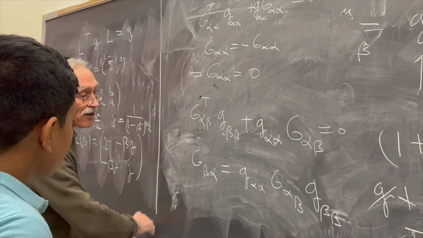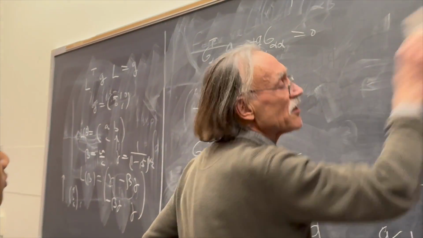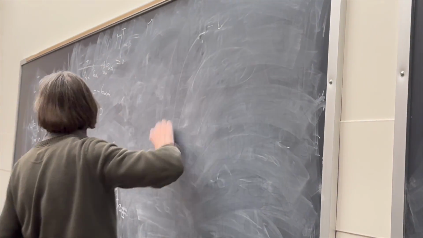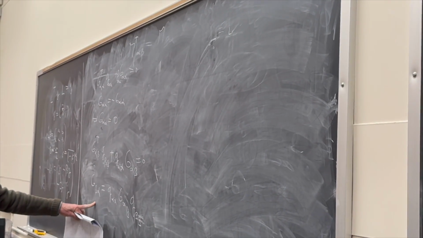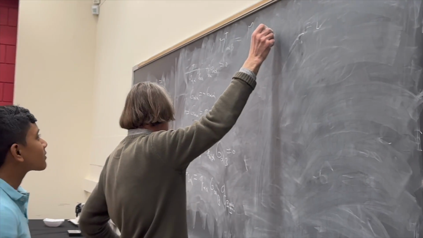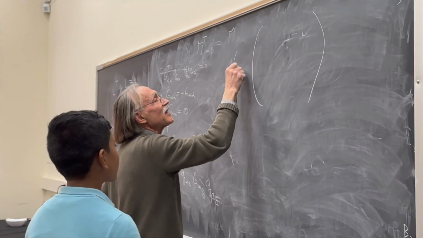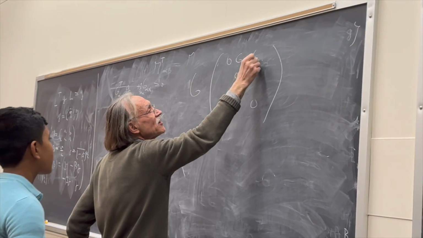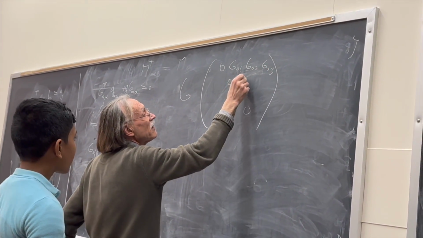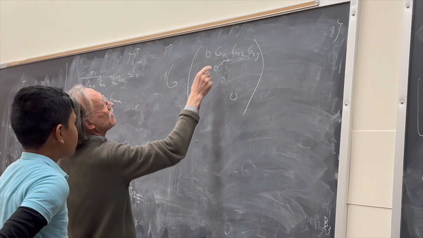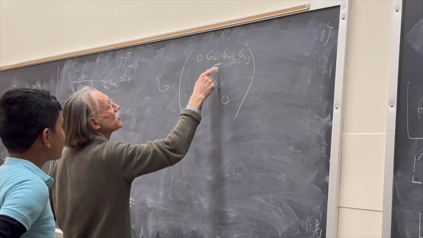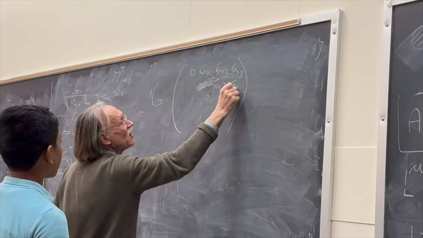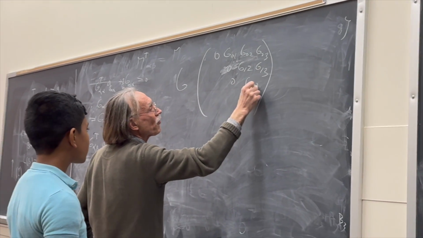So what we see, if you look at the matrix when we write down this relation and write down the G matrix, is that there are 0s on the diagonals. There's G01, G02, G03. Here there are only 2 slots: G12, G13, and G23.